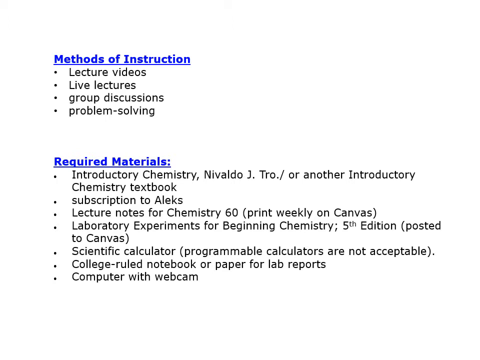You will need the lecture notes for Chemistry 60, which you will be printing off of Canvas, so I will have those provided for you. Lab experiments for beginning chemistry will also be provided for you. You will need a non-programmable scientific calculator, and you'll need some college-ruled paper or notebook for writing your lab reports.